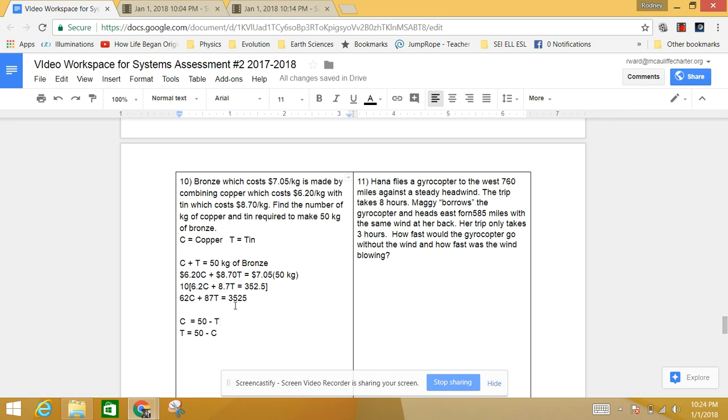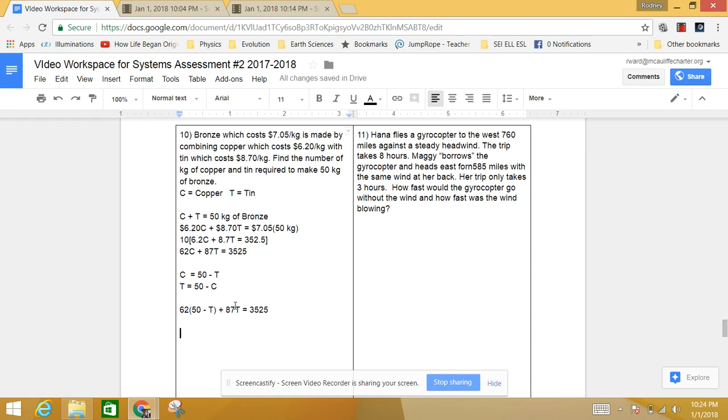I'm going to go ahead and replace C because I feel like multiplying 62 is going to be a little easier to deal with than multiplying 87. I'm going to take this equation, and I'm going to replace C with 50 minus T. When I do that, I will have an equation in terms of one variable.